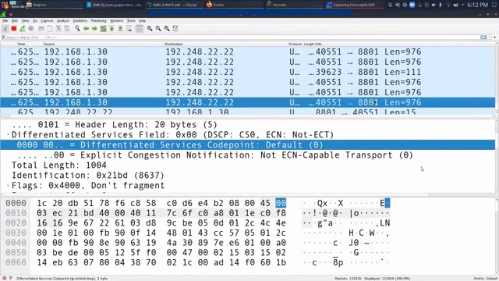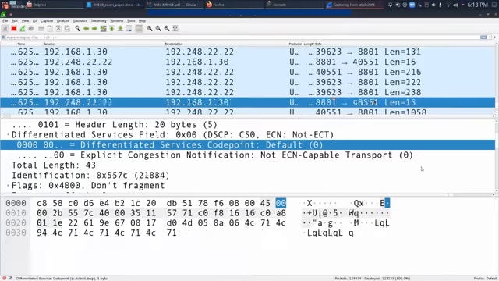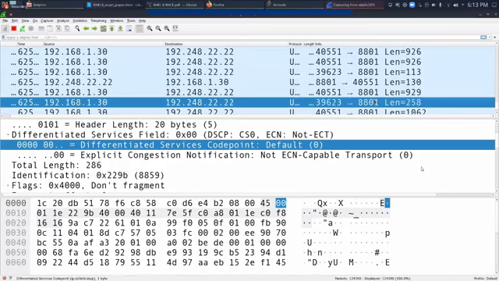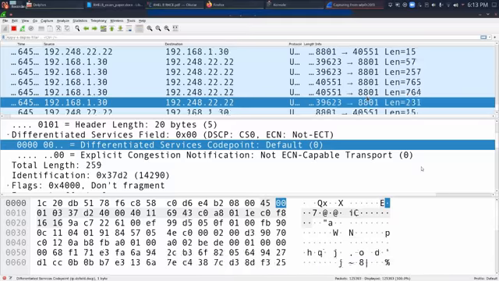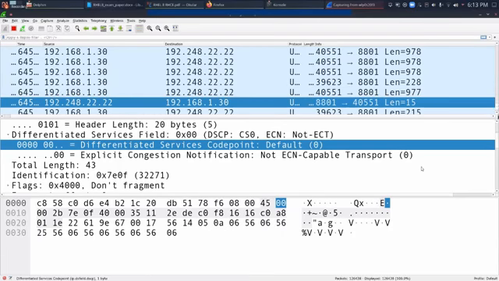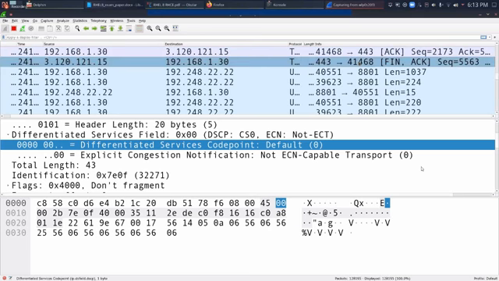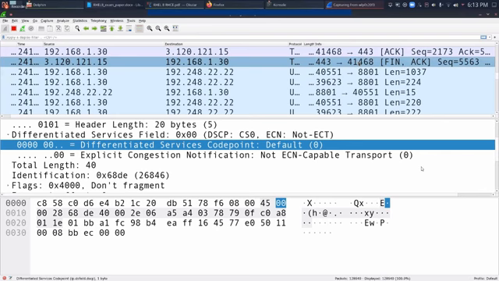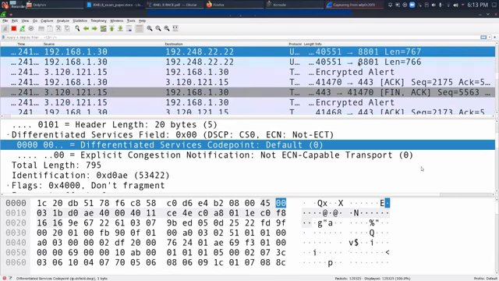So you can see, I can't see anything in here. Everything is 0. That is the default.